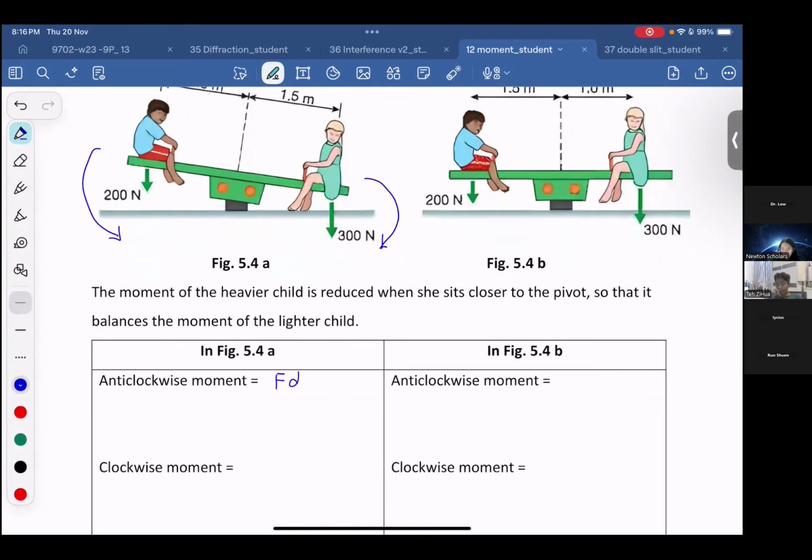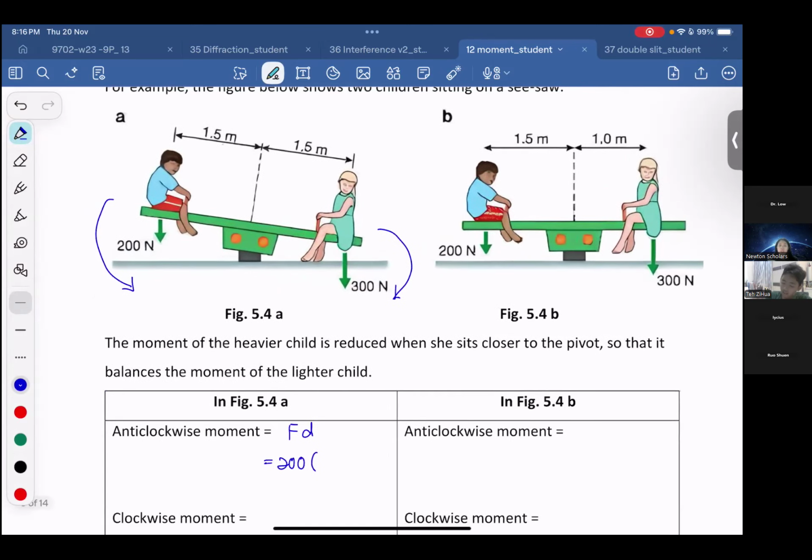Force times distance. The boy is 200 times the distance. Which distance do we use? The distance here is 1.5 meters. So how many? 300, yes, 300.